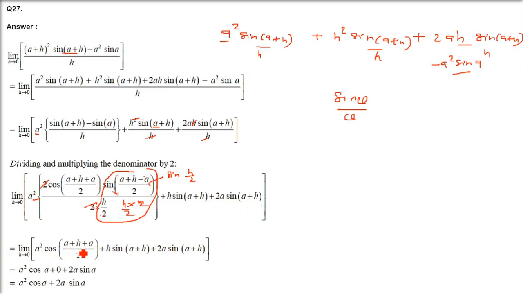So this is a^2 cos((2a + h)/2). Now applying the limit, h is 0 here, so 2a by 2, the 2 gets cancelled, a. So a^2 cos a, and as h tends to 0 this whole term is going to be 0. Here h tends to 0, so 2a sin a. So you get a^2 cos a plus 2a sin a.